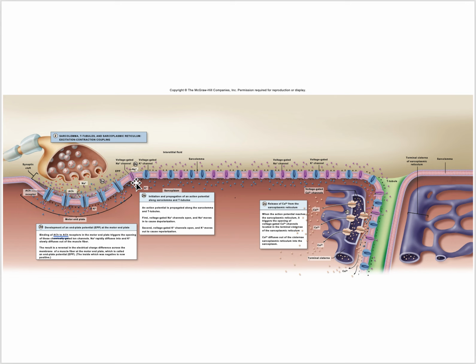And then just like you learned in your previous lecture about what happens along an axon, we get an action potential that propagates along the entire length of the sarcolemma, that plasma membrane of the skeletal muscle cell, including down those T-tubules. Those special dihydropyridine or DHP receptors are affected by a voltage change, like an action potential.